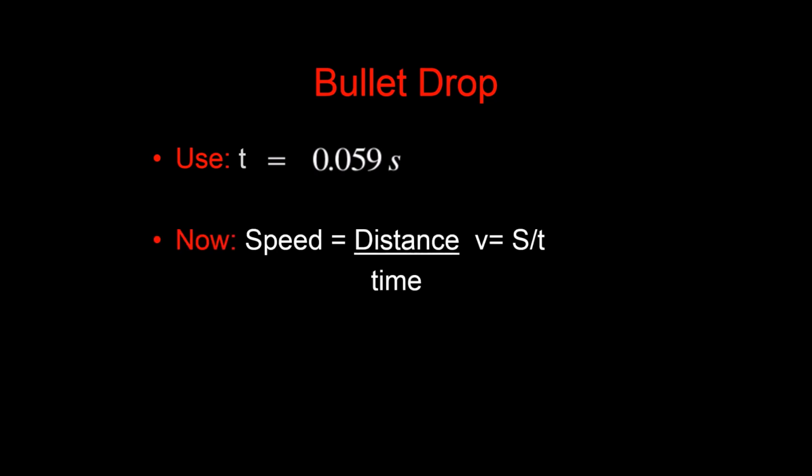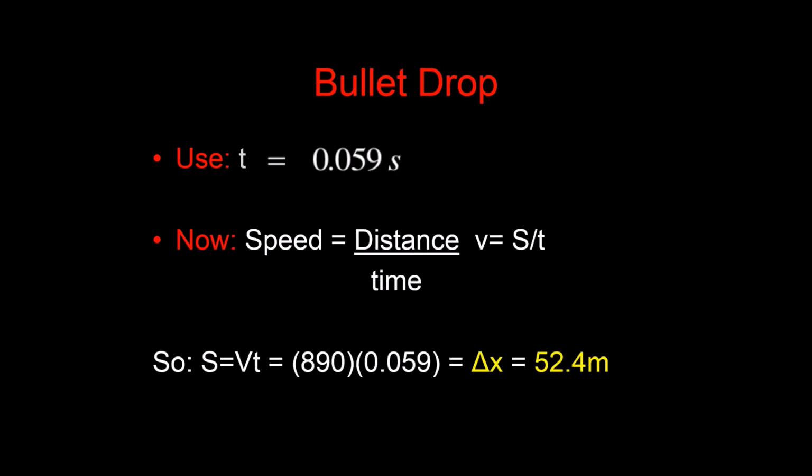We can use just outright speed is distance over time, or velocity is displacement over time. We know the velocity of the bullet is 890 meters per second. So rearranging, we can say s in the x direction is v times t. So delta x in our particular problem becomes 52.4 meters.